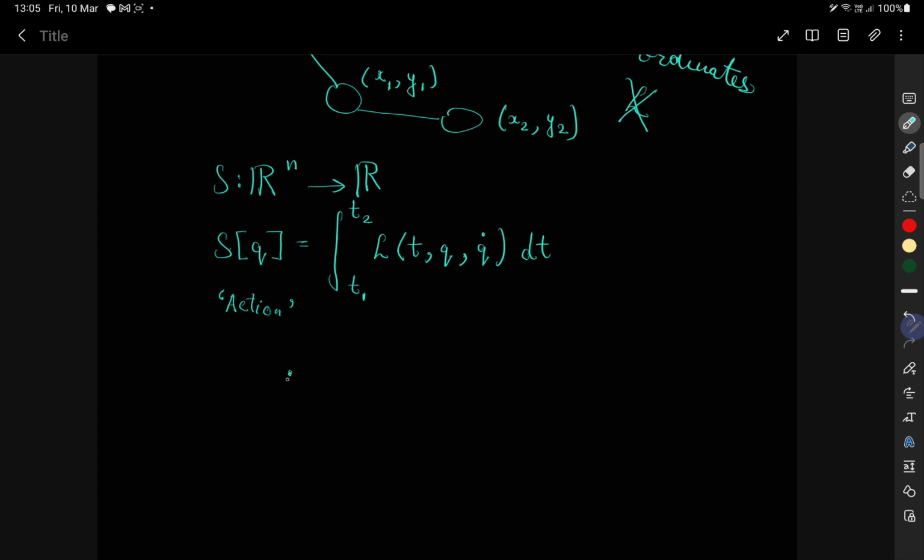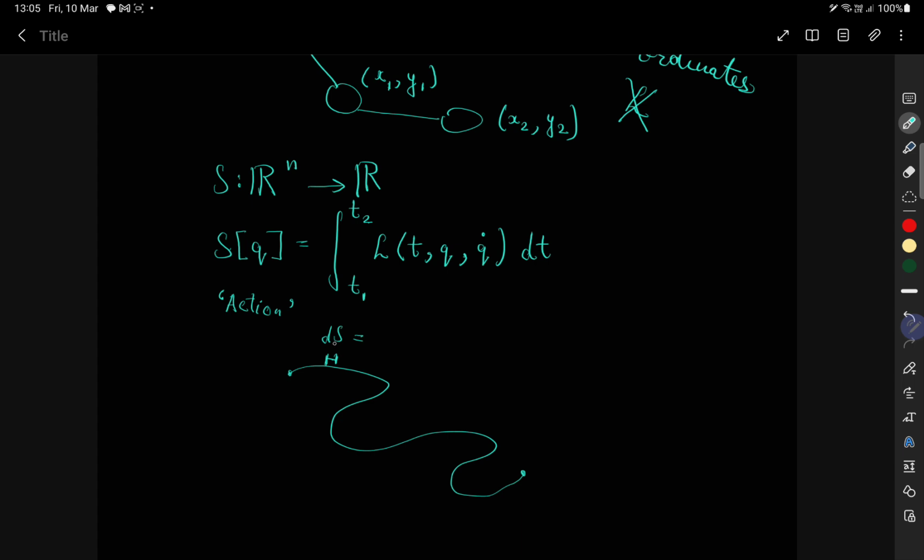Now, the action for any trajectory of a particle would be the sum of all the little actions that take place. So, actually, I should change this to dS with a capital S, just to make sure there's no confusion with small s, which would be the arc length.